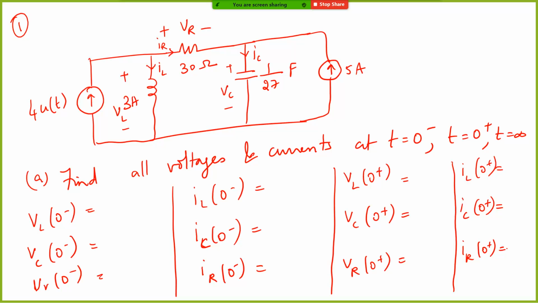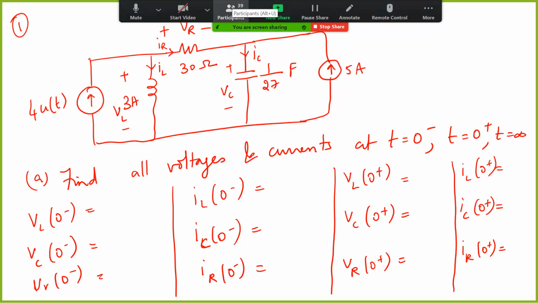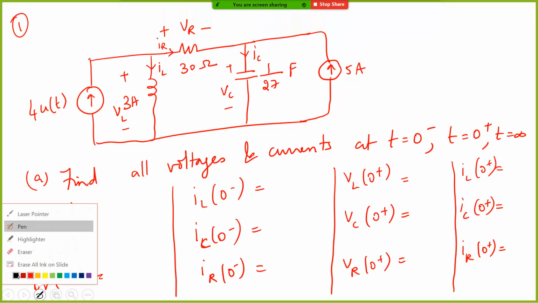So first, can you tell me all the initial conditions? VL of 0 minus should be 0 and VC of 0 minus should be 30 into 5, that is 150 volts.